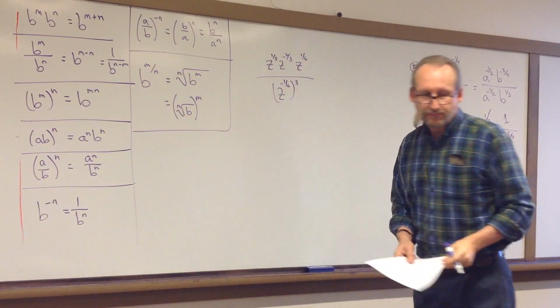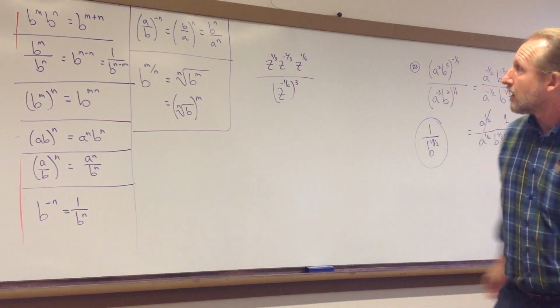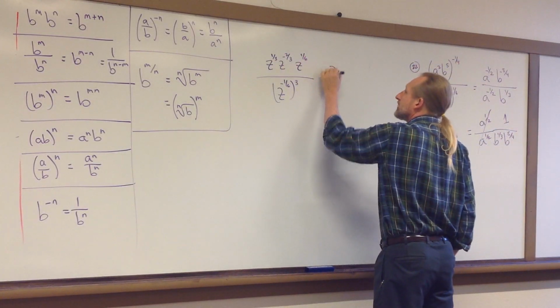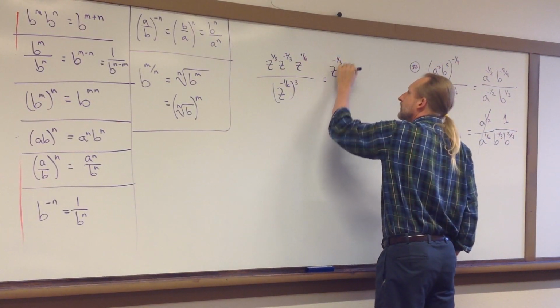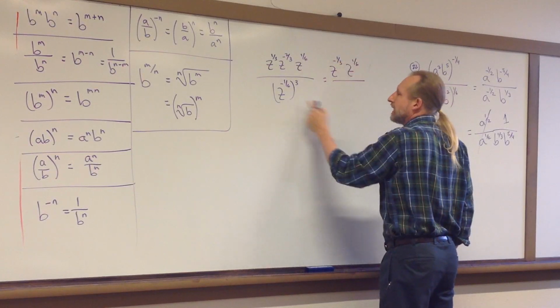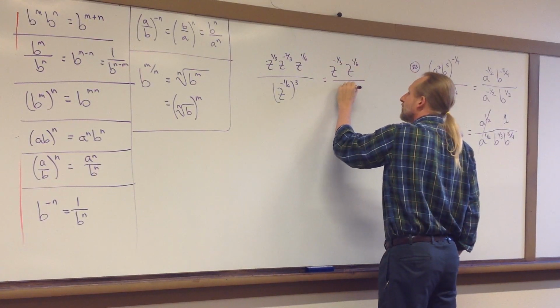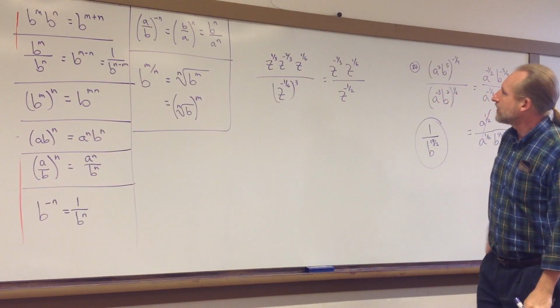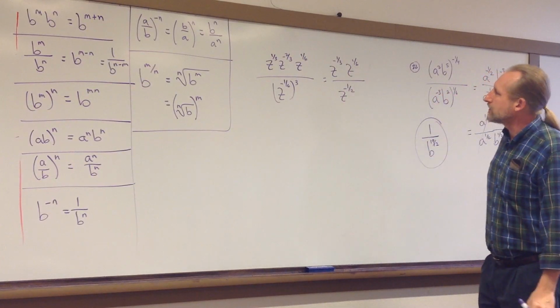Okay. Well, let's see what we get here. These two are pretty straightforward. That's going to give us z to the minus 1/3. Down here, that'll be z to the minus 1/2. So let's go ahead and swap these.